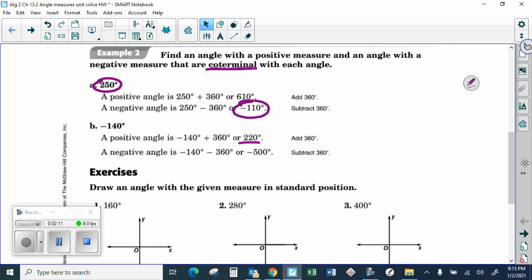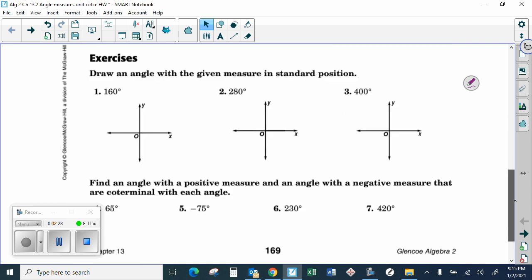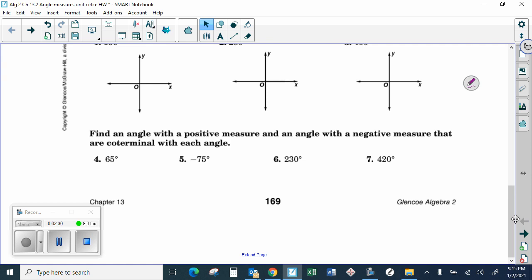So it looks like they want another angle besides this one, so they should have said another positive or another negative. All right, so the first part's drawing it, then find a positive measure. Okay, so I guess they don't want you to include the 65, so you add 360 and subtract 360. That's simple, for each of those.